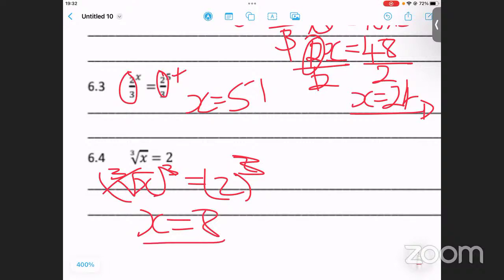So your x is going to be equal to 8. Do we have a question? Are we all good? We're all good, ma'am. Is everybody good? Yes, ma'am.